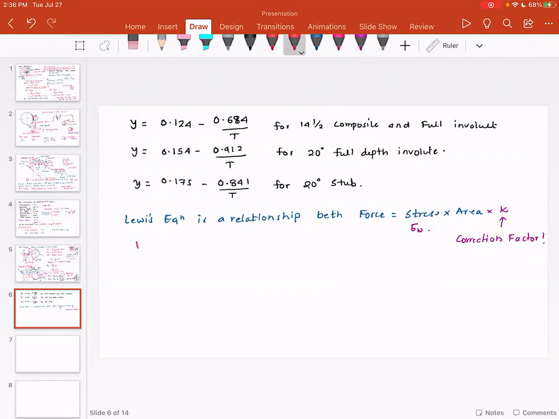So I need to write this equation down: sigma multiplied by B multiplied by pi multiplied by M multiplied by Y. This equation can be written as sigma W times B times pi times M times Y. And this sigma W is called the working stress.